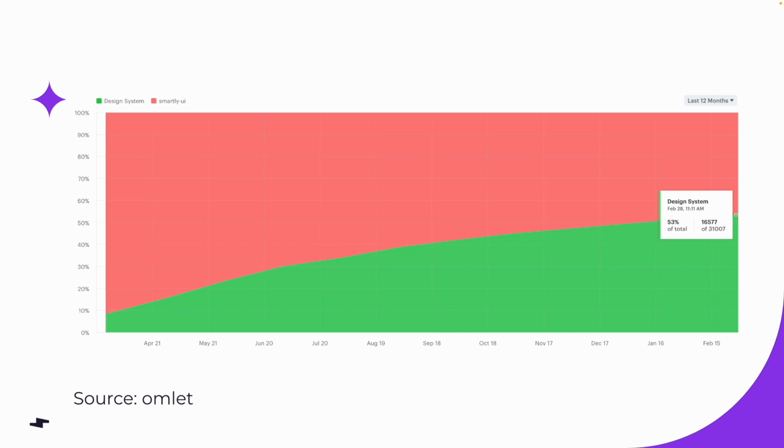And now after a year and 2 or 3 months, we are at approximately 53%. This graph is done with the omelette, so we are using that to track the usage of the new design system and follow how the migration is progressing.